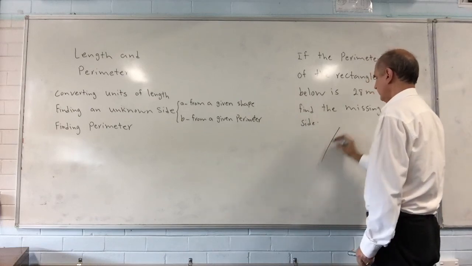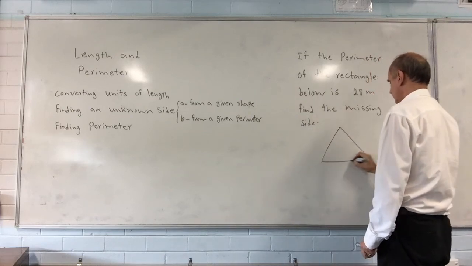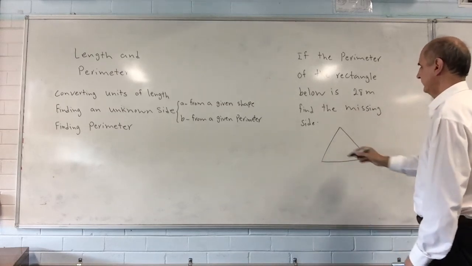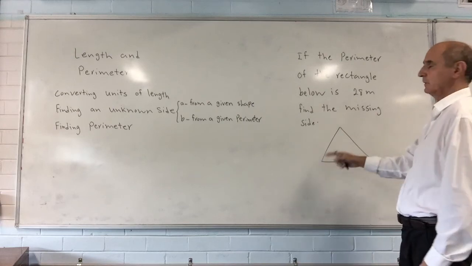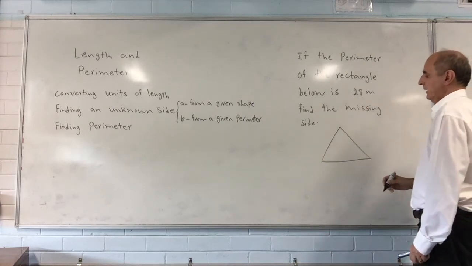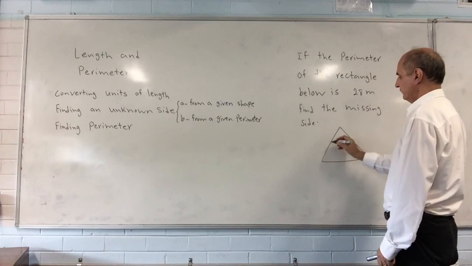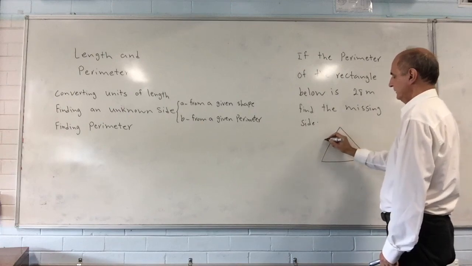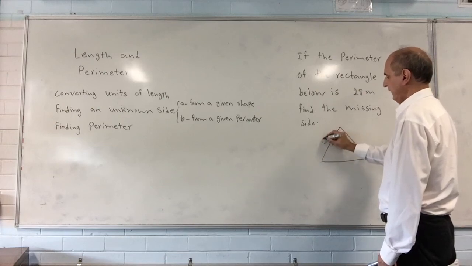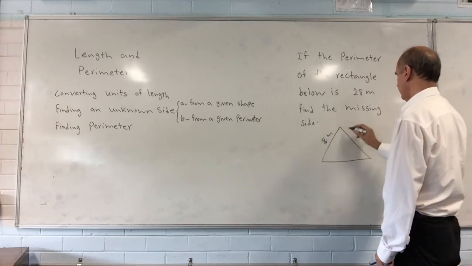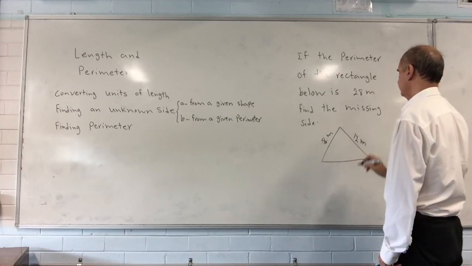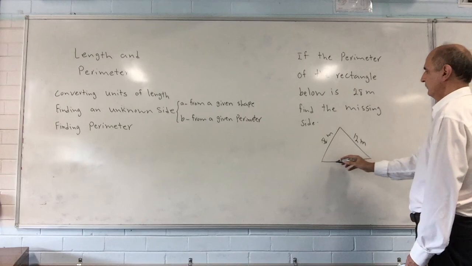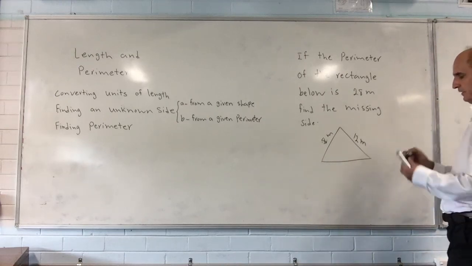So we've got a triangle. They tell us that the whole thing, when you add the whole lengths, becomes 28. Say they have given us two of them, say that is 8 meters, and that is, say, 12 meters. And we want to find this missing side.